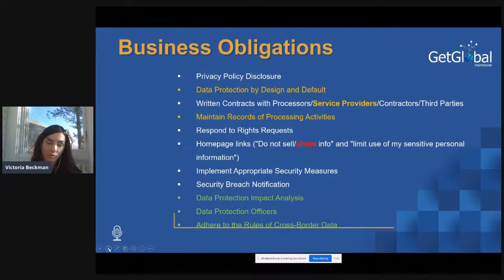But the cross-border data we know in GDPR has more to do with adequacy decisions and whether or not you can transfer data out of the European Union, which soon is not going to include the UK, and guarantee the same protections that these consumers will have in the European Union if transferring the information to the United States, for example.